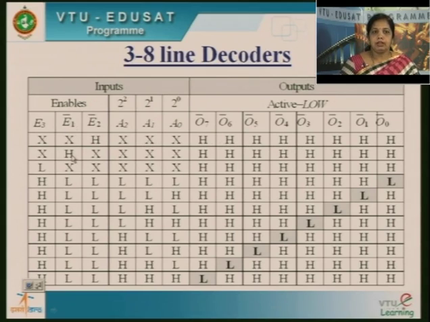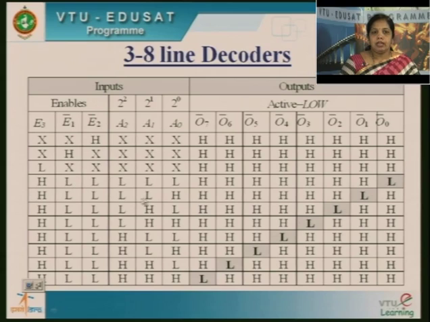Similarly here, if I give E1 complement as high, whatever may be the input of E3 and E2 and input signals, all your outputs will be held high. The third case, whatever may be the input of E1 and E2, if my E3 pin, enable 3 pin, is low, all your outputs will be held high.